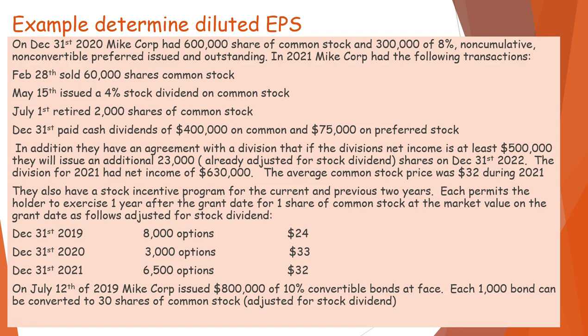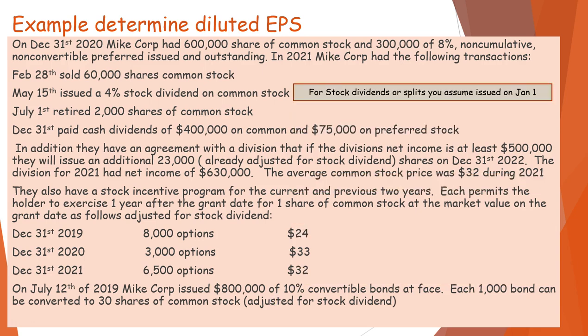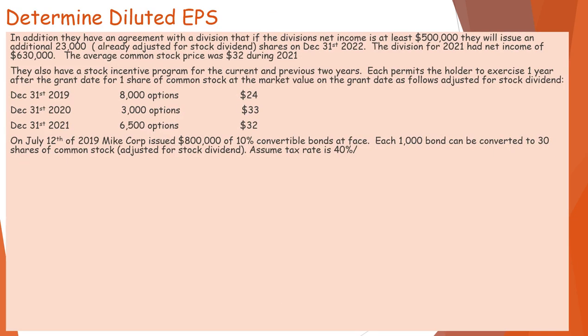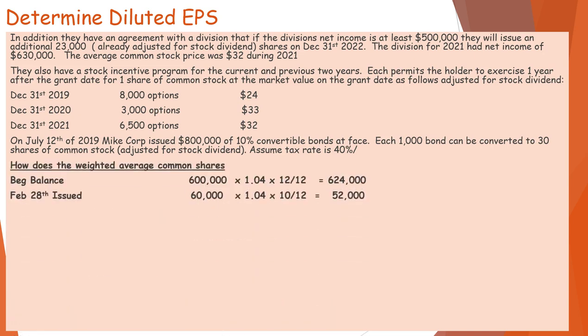Now, what does it look like for diluted earnings per share? Well, we've got the same information. So let's work it through. First, at weighted average, we're going to take our beginning balance.